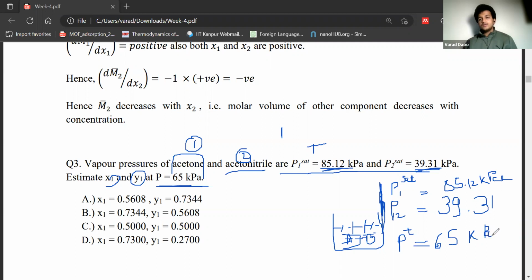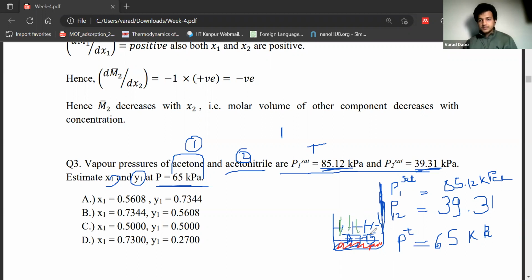And what are we asked to find? This is a two-phase system, right? This is the liquid part. Let me just use a different color for that. So this is the liquid part. This is the vapor part.